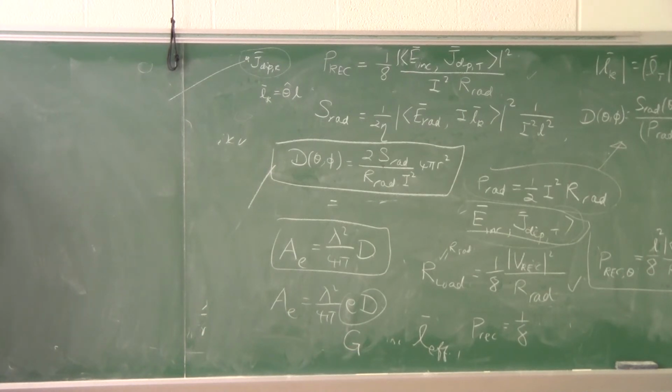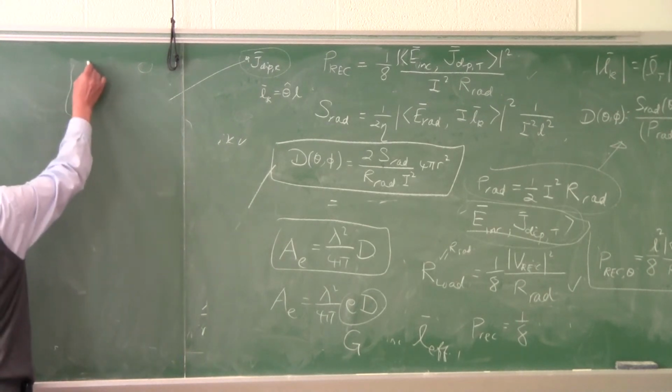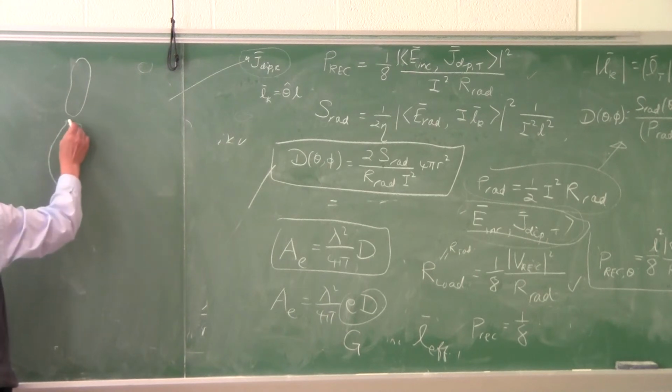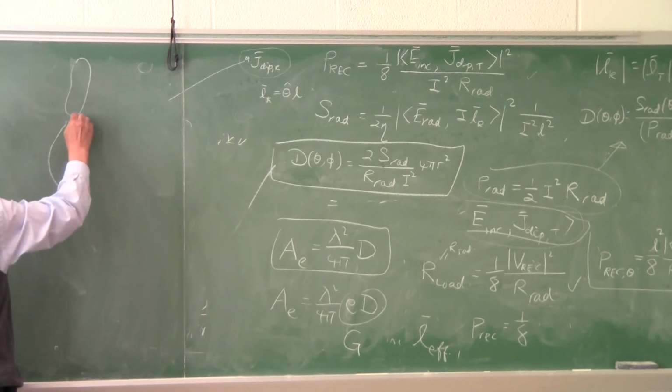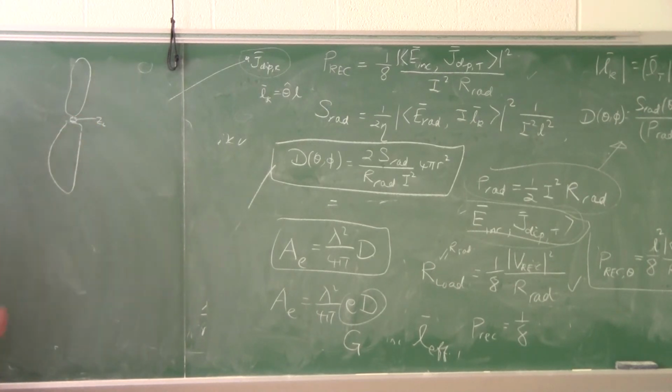Then you have a voltage source. That incident field induces a voltage drop at a gap. You can put a load here, an impedance ZL at this gap. This could be the circuit model you use for that part of the antenna when it's receiving.